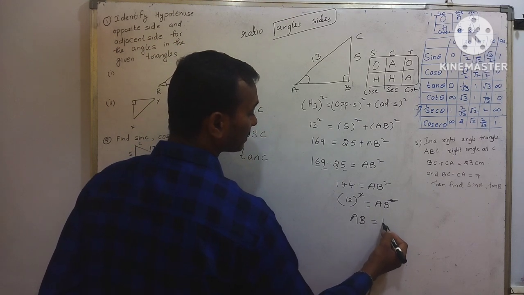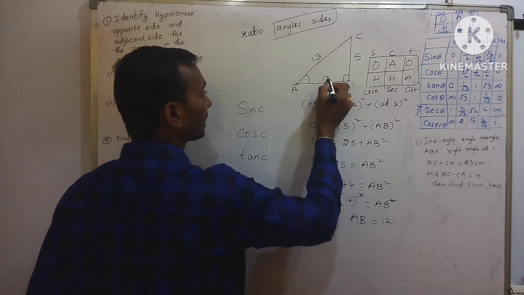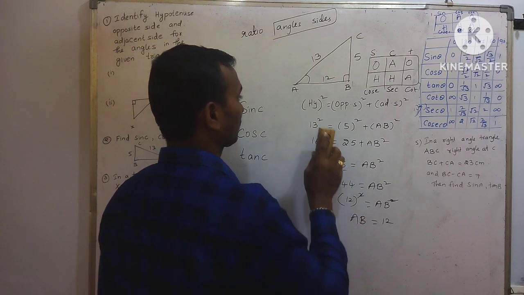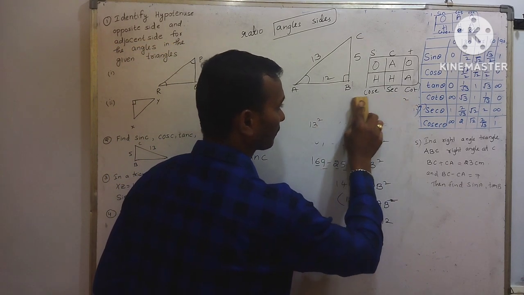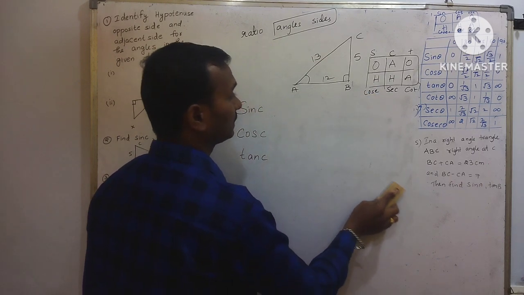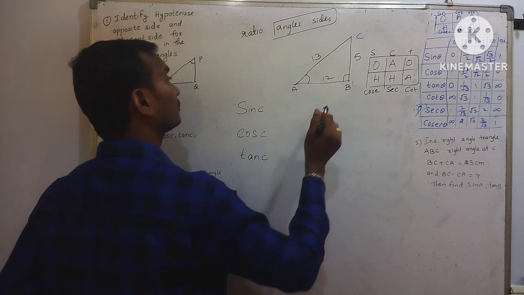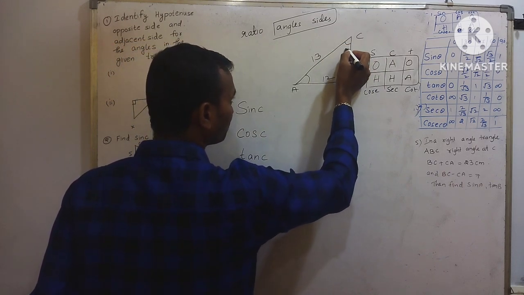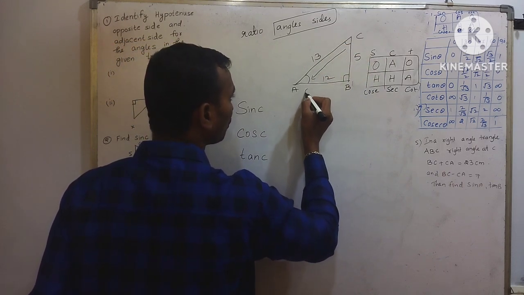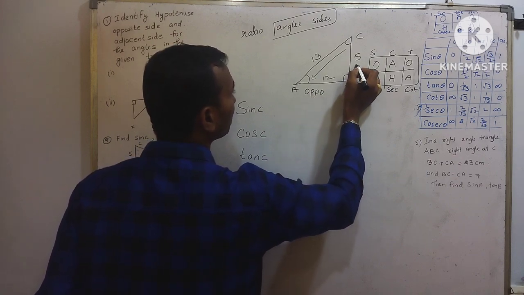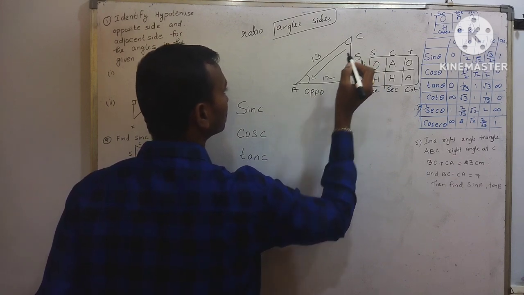After calculating the third side, now we are going to write the trigonometric ratios. So from C we have to observe. If you observe from C, this becomes the opposite side and this becomes the adjacent side.